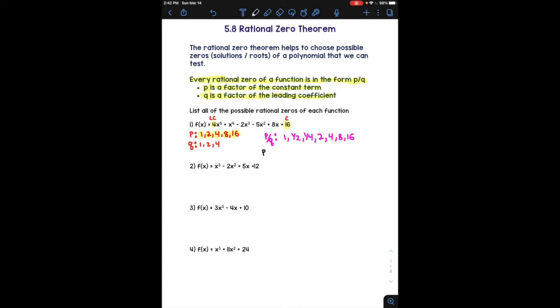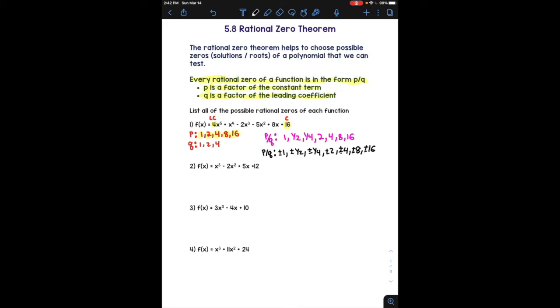So the proper list that we're going to make, p over q, or all the possible rational zeros, all the rational numbers that could be zeros or solutions to the polynomial, would be positive and negative 1, positive negative 1/2, positive negative 1/4, positive negative 2, 4, 8, and 16. This is quite a large amount of possible values.